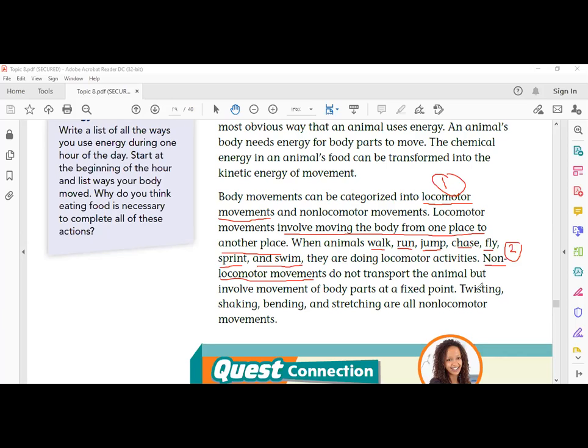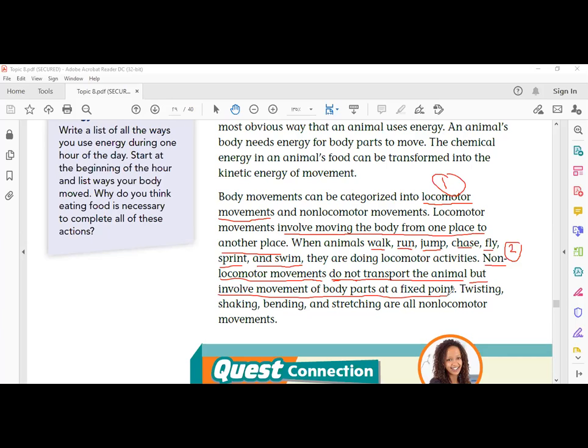The second type of movement is called non-locomotor movement. It differs from locomotor movement in that it does not transport the animal from place to place, but involves movement of body parts at a fixed point. You stay in your place, you don't change your location, but you move your head or shake your hands.